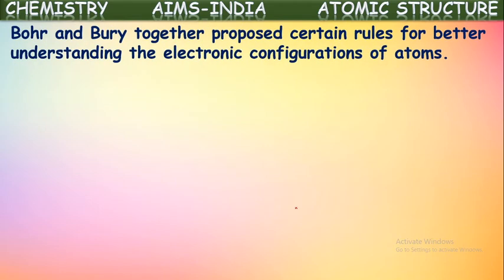So for that, the scientists Bohr and Bury together proposed certain rules for better understanding the electronic configurations of atoms. They did some studies on this arrangement of electrons in atoms. Let us see those rules here.